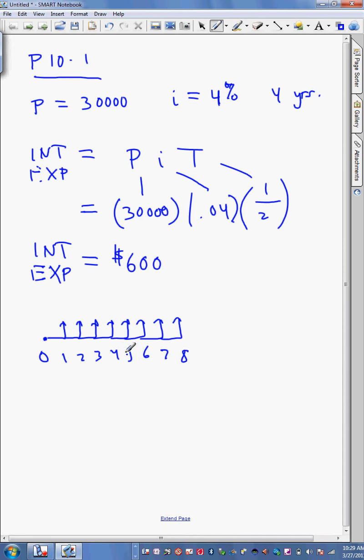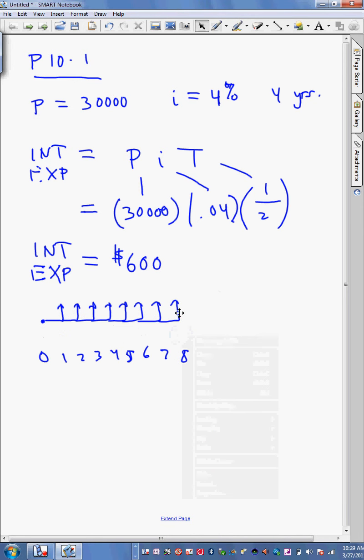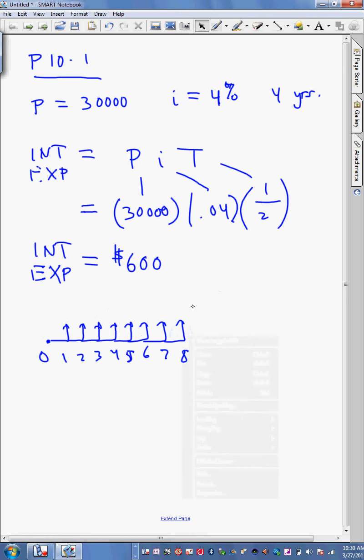You can get 8 of those. And at the end of this 4-year period, they're also going to get their principal back. Okay, so there we go. So they'll also get their $30,000 back.